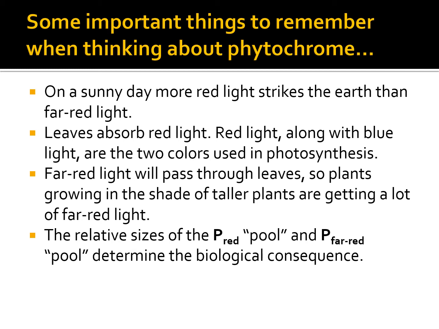So that's what I'm indicating when I use the word pool. So it's the sizes of these pools, or the concentration of red to far red, that's going to determine the biological consequence, or what's going to happen in the plant.